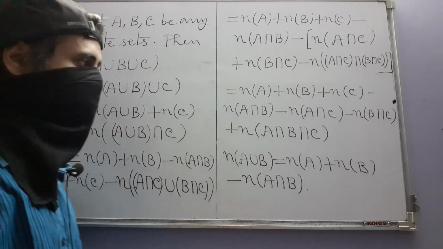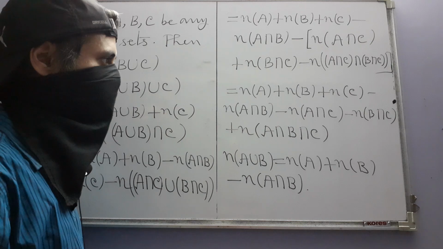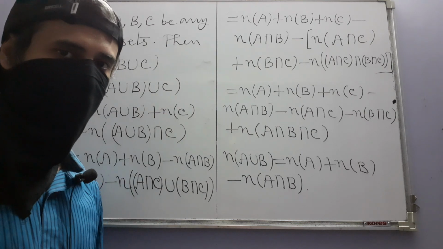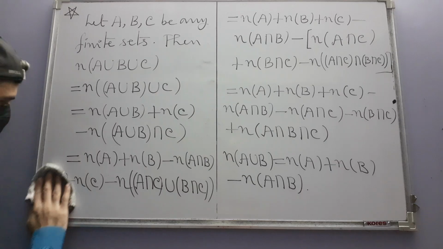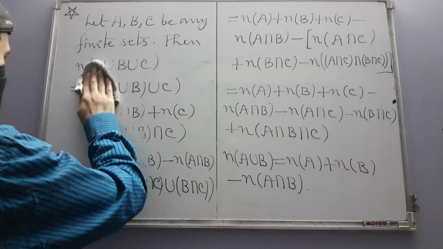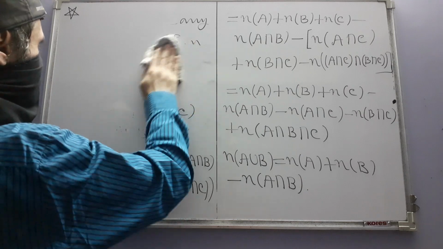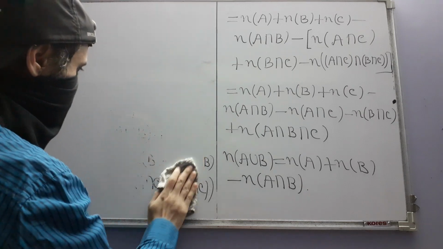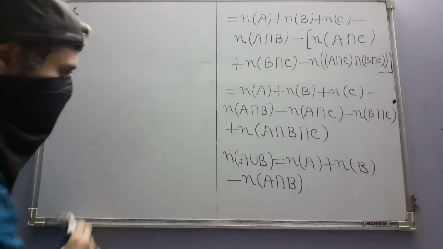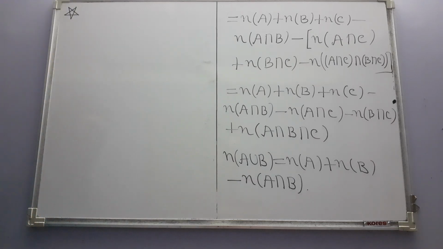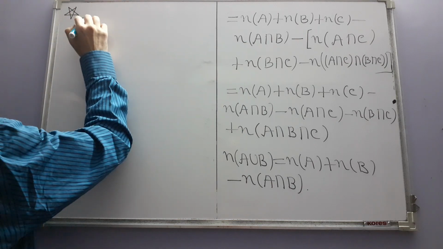Now, following this pattern, if I try to write the similar formula for 4 sets, I should write this. Say there are 4 finite sets A, B, C and D, and I want to find a formula for the number of elements in their union. Then I should write, if I really follow this pattern, I should write this.